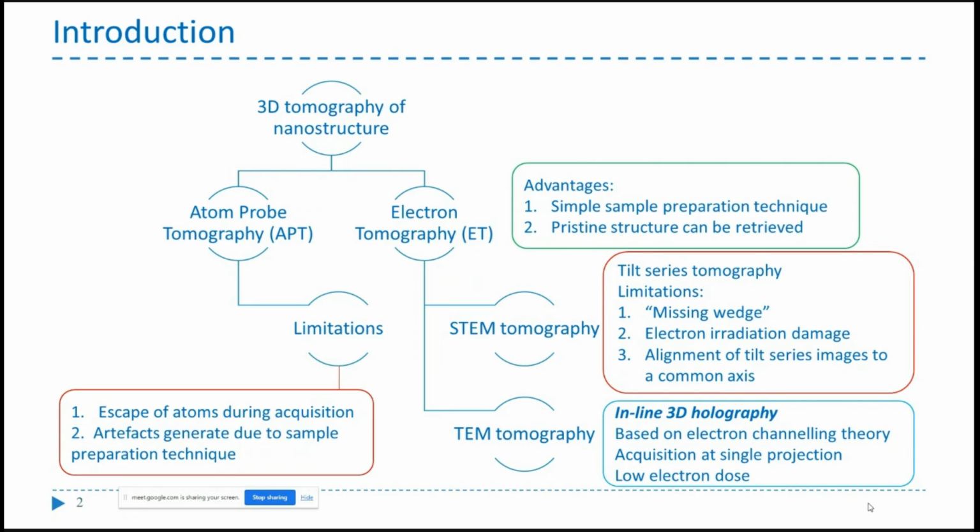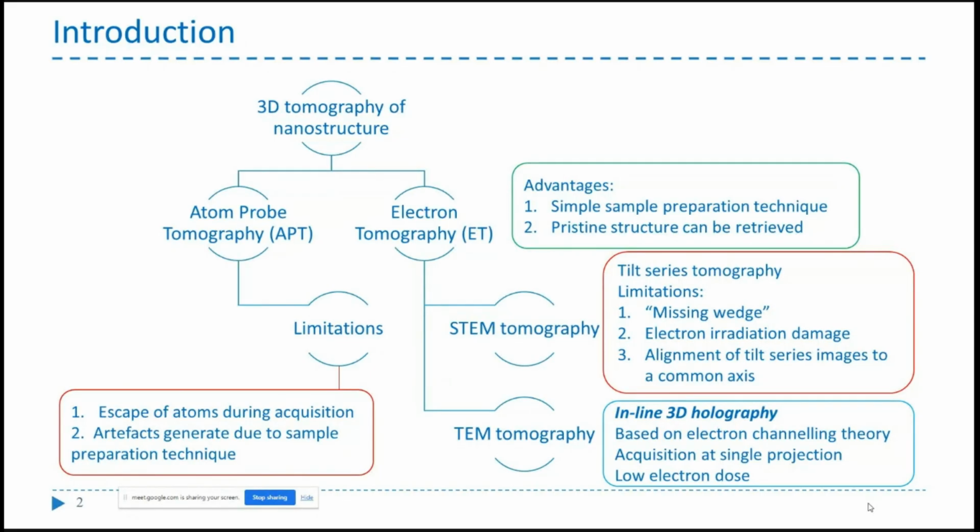Now, we can look at electron tomography. In electron tomography, also using TEM, we can get the 3D structure. We can do it in both TEM mode and STEM mode, meaning parallel static illumination and convergent rastering illumination. STEM tomography is more common, especially for biological samples.